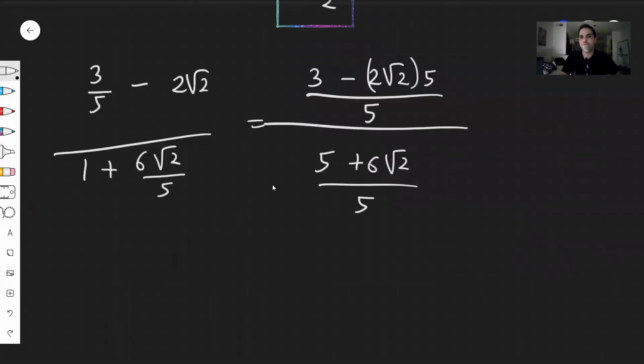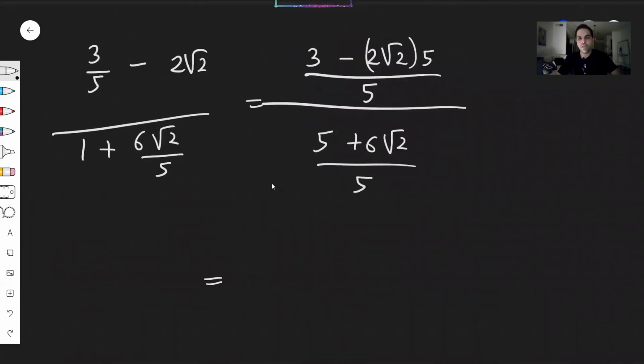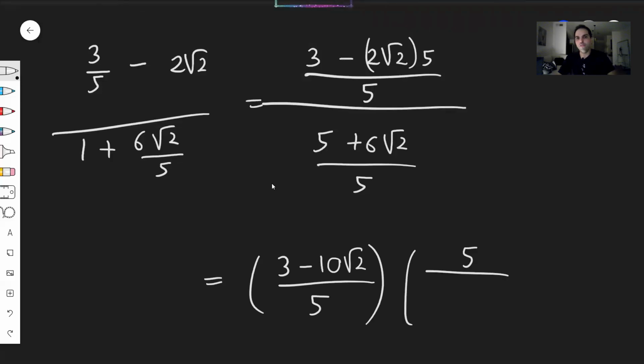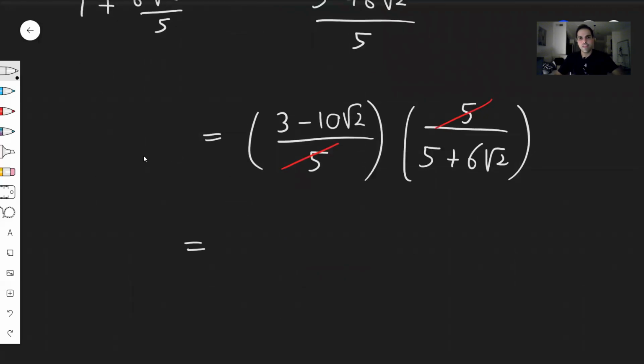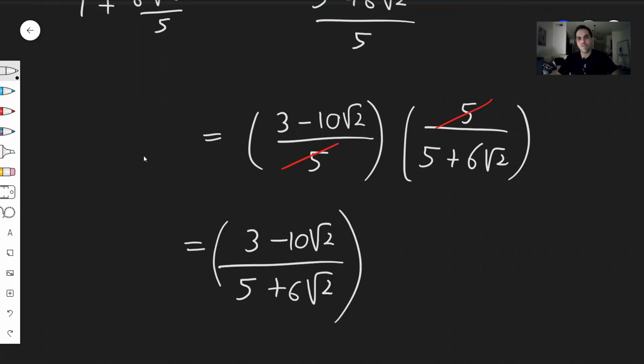And again, you flip it as usual. So this becomes 3 minus 10 square root of 2 over 5 times 5 over 5 plus 6 square root of 2. Then the 5s cancel out here, and you get, let's see, 3 minus 10 square root of 2 over 5 plus 6 square root of 2.